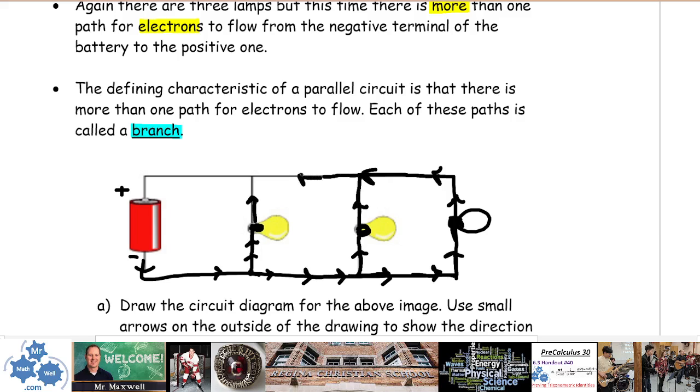And they join back up here on the other side, you see? They join back up here, and then they get back to the positive. So instead of everybody going down one path and shoving through one path, they split up, and so they can hit all these light bulbs now. So there are some big advantages to parallel circuits, for sure.